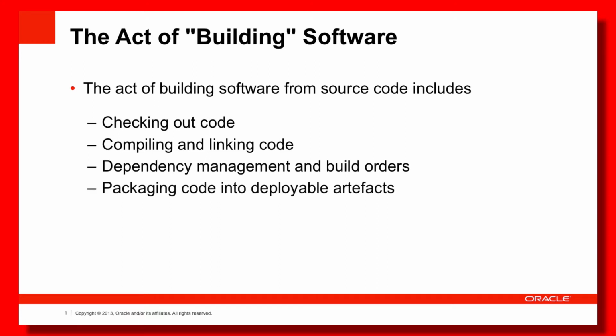Also, with the end artifact, you need to package it. In Java we have the concepts of jars, EARs, and WARs. These are all the deployable artifact packages that, in the context of ADF, would go onto a Java EE server, such as WebLogic Server. Then, of course, we are deploying the application.